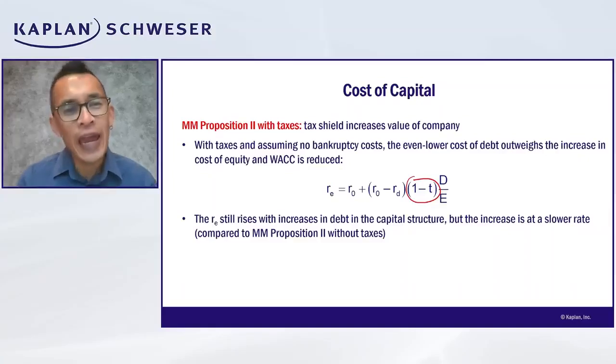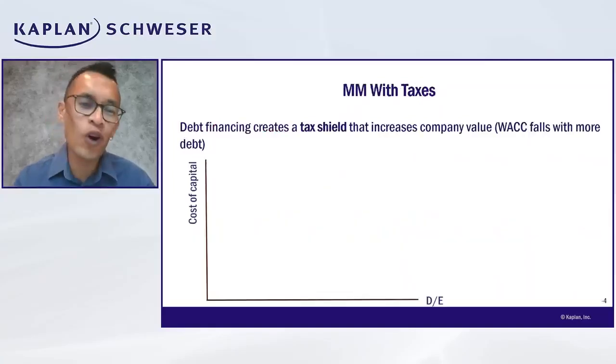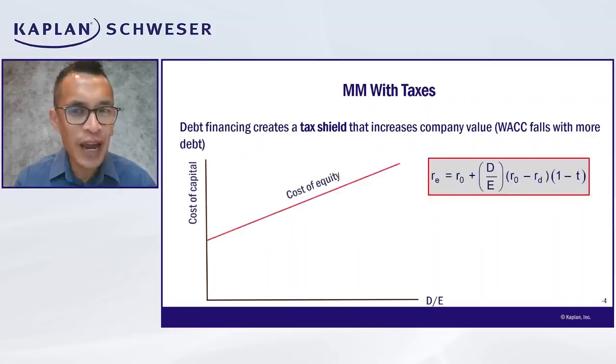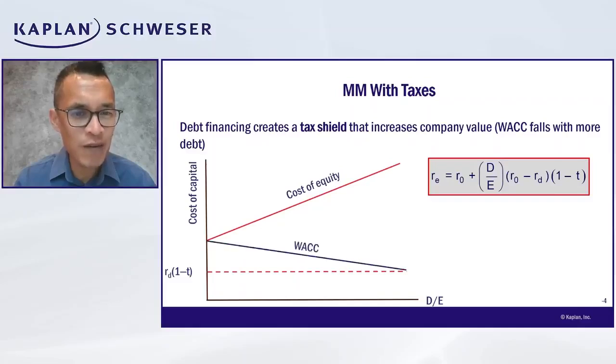Just for full effect, let's take a look at all of this in graphical format. Before, without taxes, the WACC was a straight line. But now the WACC, the weighted average cost of capital, is actually a downward sloping diagonal line.